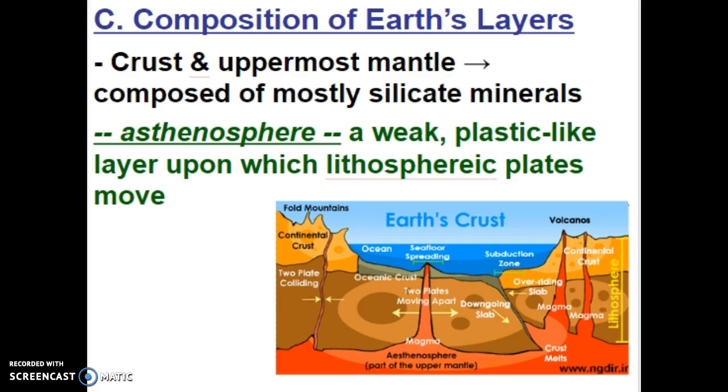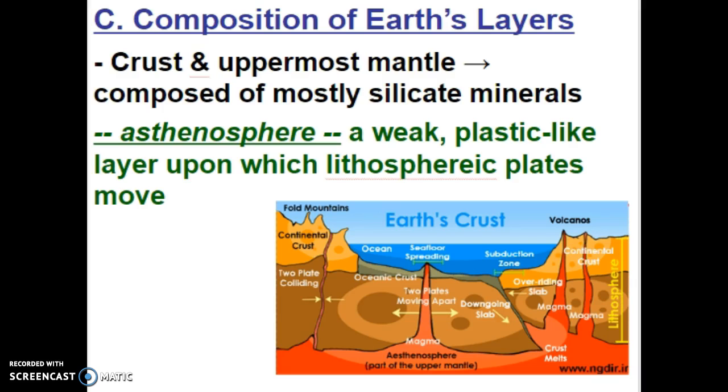You can think of the asthenosphere as like a layer of chunky salsa. Some of it's liquid, but there are still chunks of rock in the asthenosphere. So it is weak and it can be deformed in a plastic-like manner.